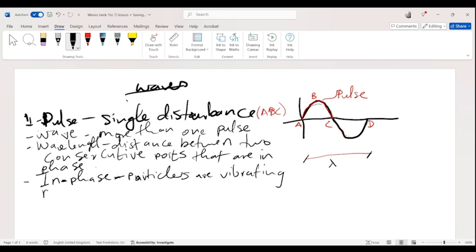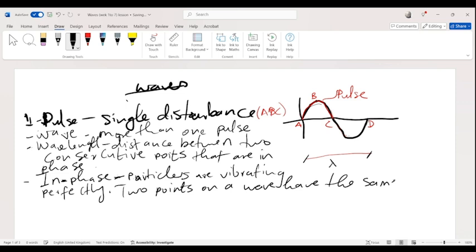In other words, if two points on a wave have the same y position and same gradient.